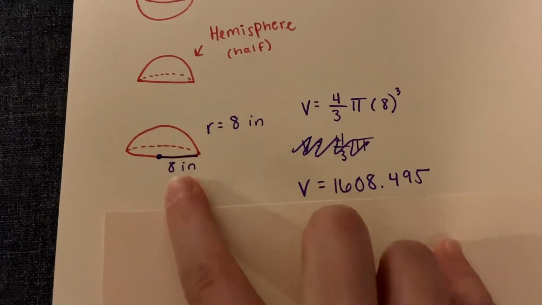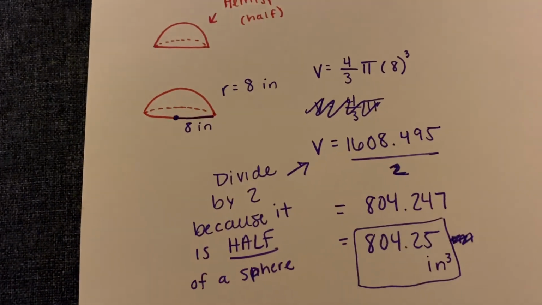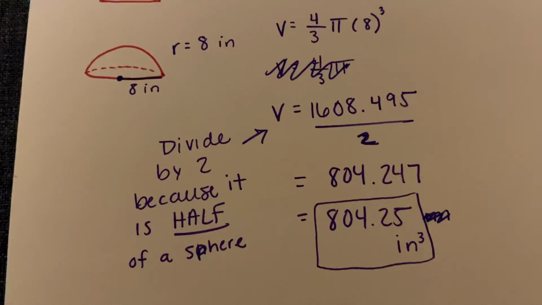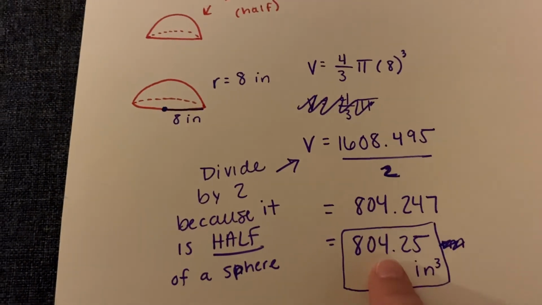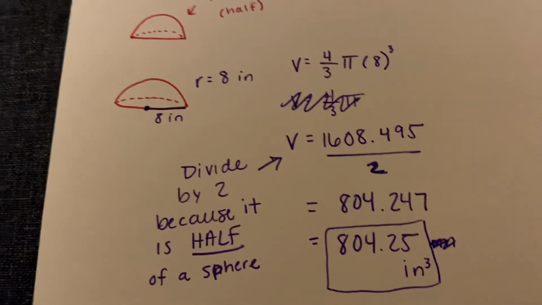But since this is half of it, you divide it by 2 because it's half of a sphere. It's as if you cut a basketball in half, and you would get 804.25 cubic inches.